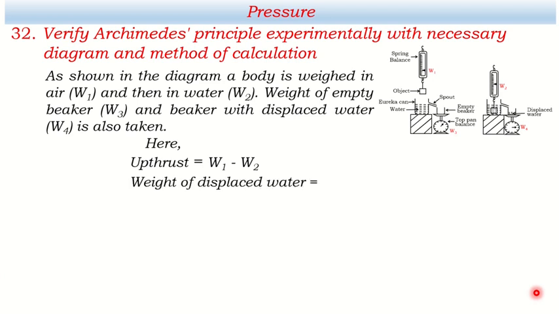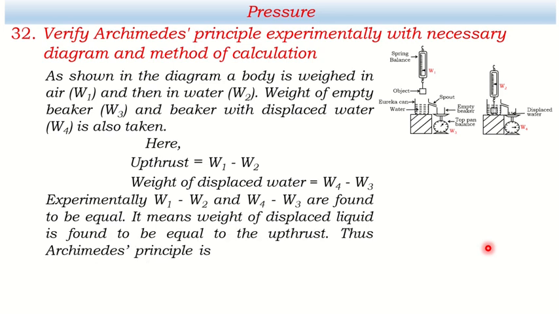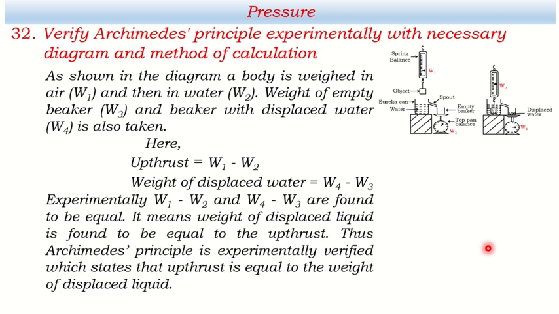In the same way, weight of displaced water is equal to W4 minus W3 because W4 is the combined weight of displaced water and beaker, but W3 is the weight of empty beaker. That's why when we subtract W3 from W4, we'll get weight of displaced liquid. What we get as a result of this experiment, experimentally W1 minus W2 and W4 minus W3 are found to be equal.